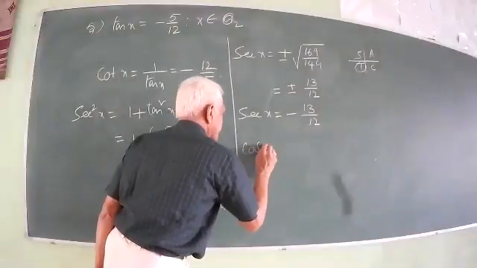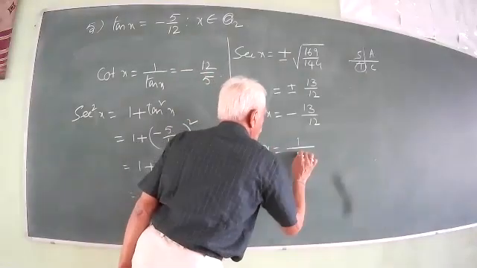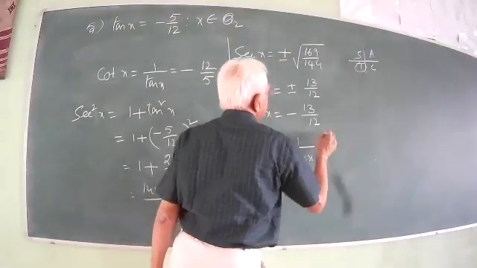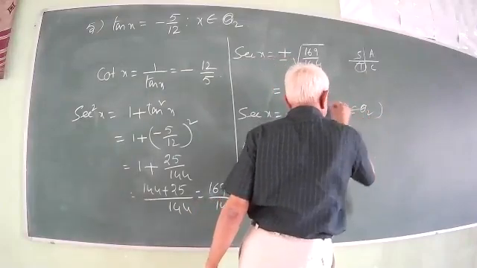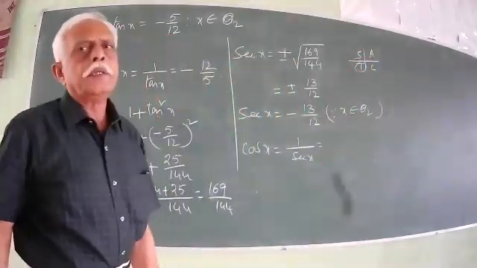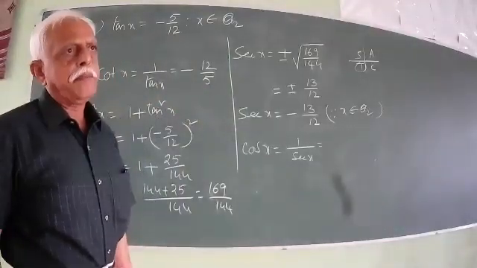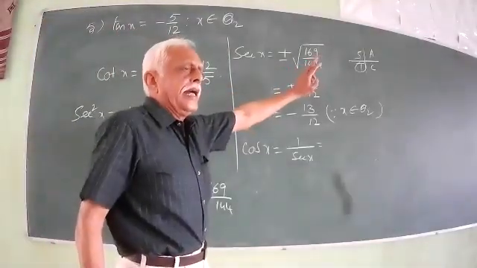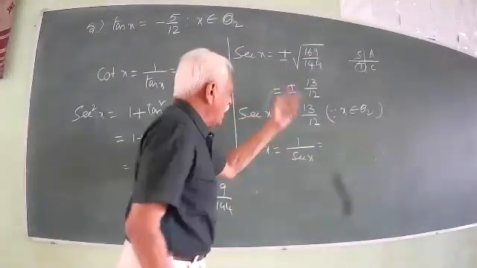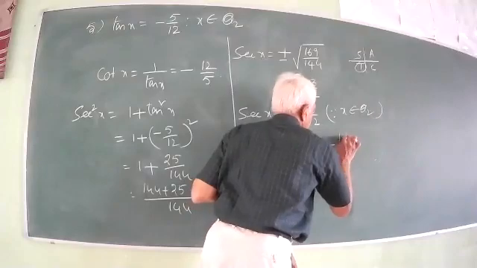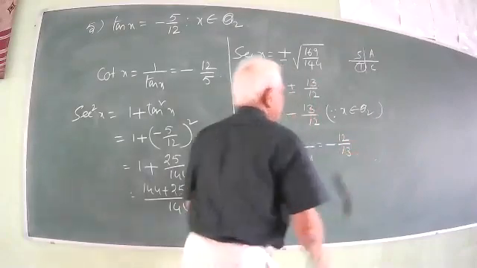Cos x is equal to 1 by secant x, since x belongs to Q2. You keep on writing like that to avoid any confusion. That is very important, ASTC. So the reciprocal of this is nothing but minus 12 by 13.